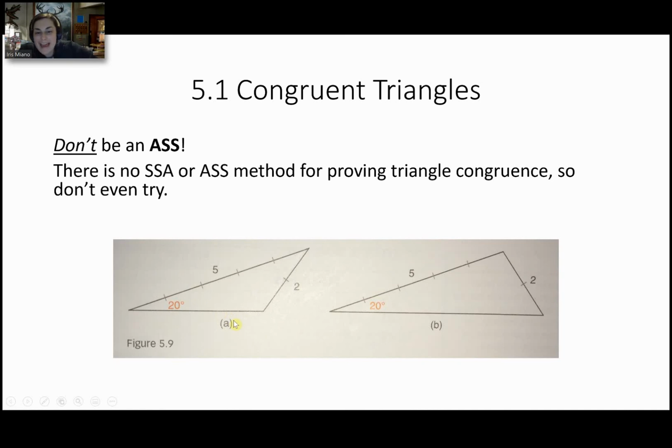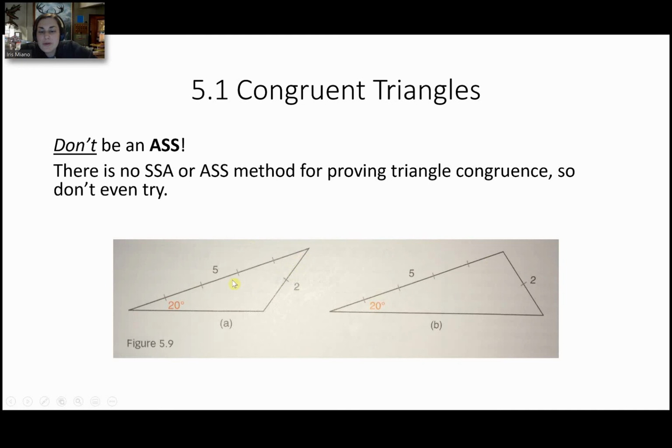We have triangle A and triangle B. And you may notice that triangle A has a 2 unit long edge and a 5 unit long edge that are touching, and then a non-included angle of 20 degrees here. Notice triangle B has exactly those same features, but the included angle between the two corresponding edges, the 5 unit edge and the 2 unit edge, is clearly different among the two, right?